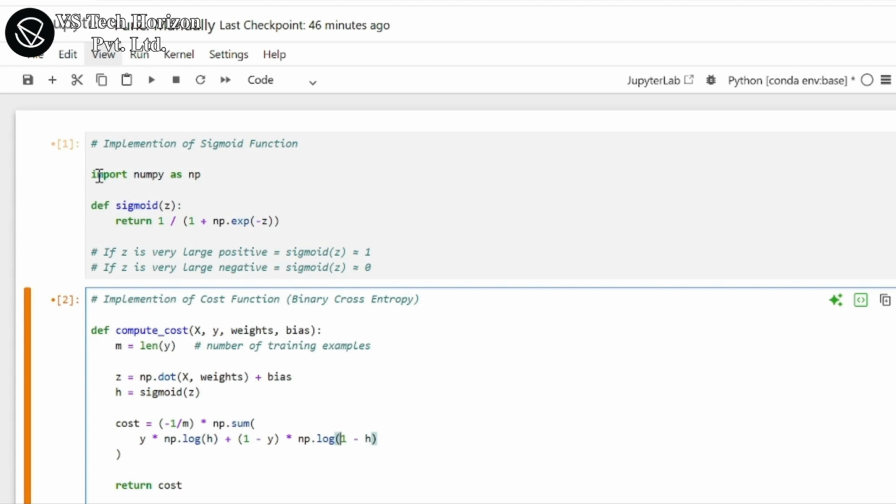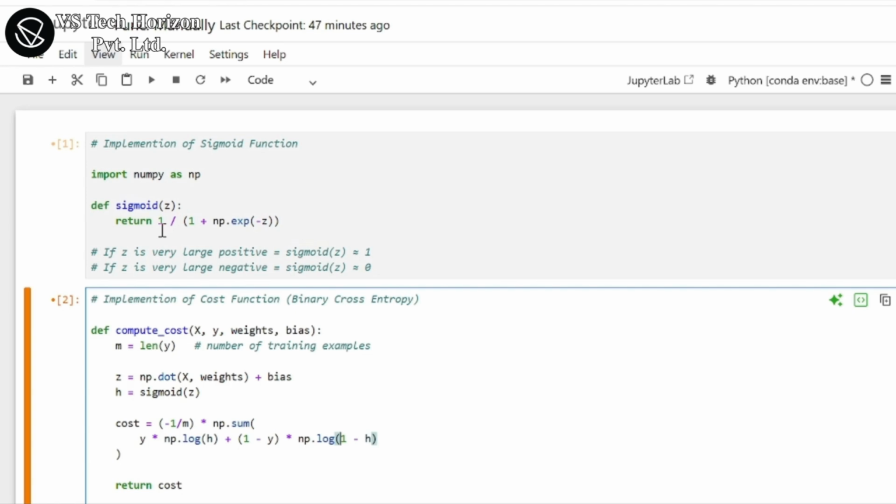The sigmoid function converts any real number into a value between 0 and 1, as probability always lies between 0 and 1. The following piece of code is used for the implementation of the sigmoid function, which starts with defining the sigmoid function. And here, np.exp(-z) computes e raised to the power minus z.